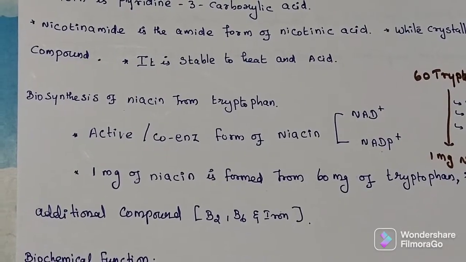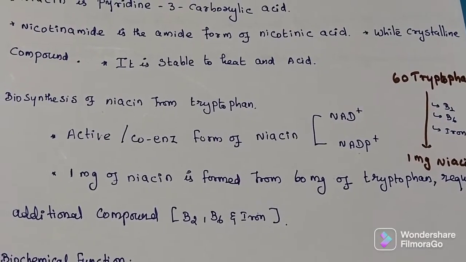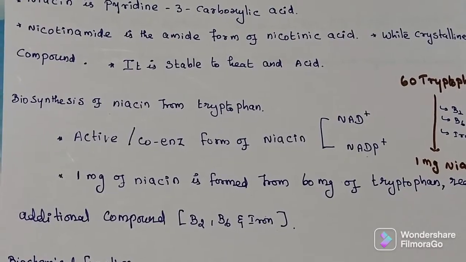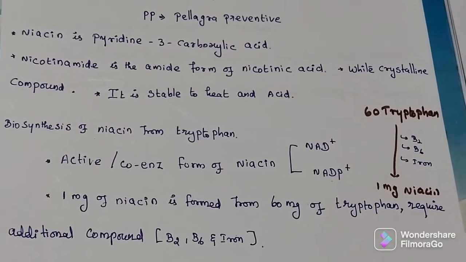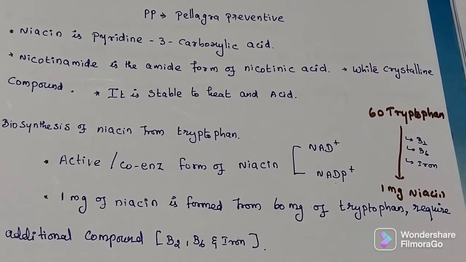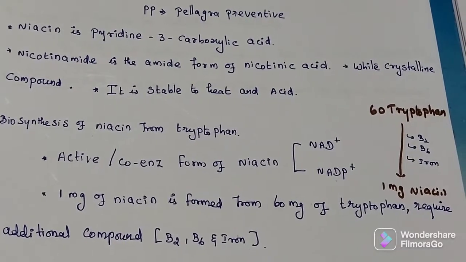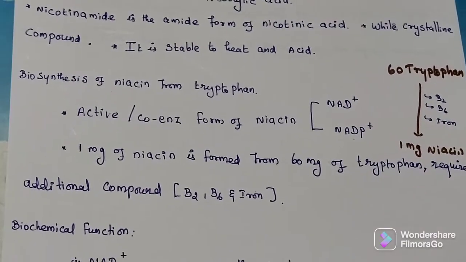So there is partial synthesis of niacin in our body and the rest of the requirement has to be supplied in the diet.